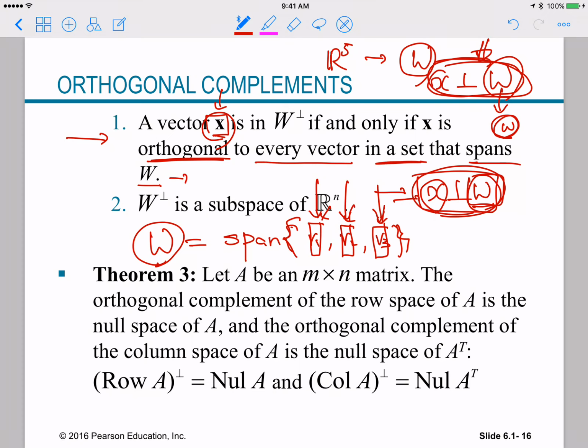What was this guy? We call this W perpendicular, and this is another subspace.